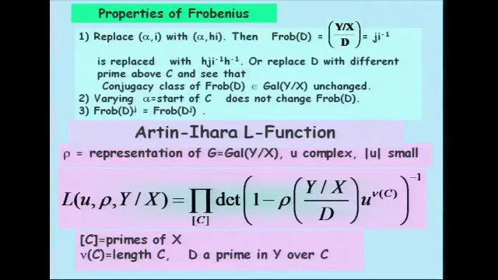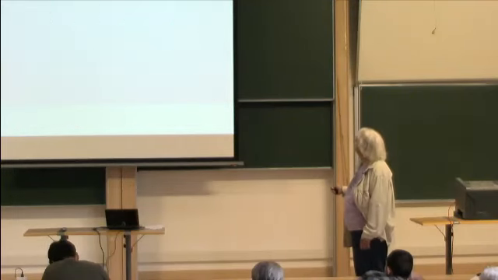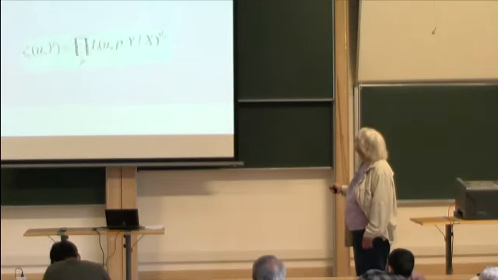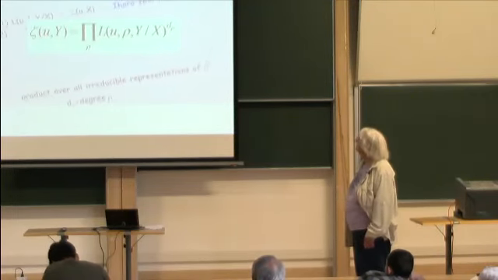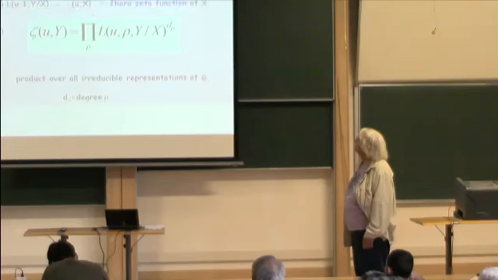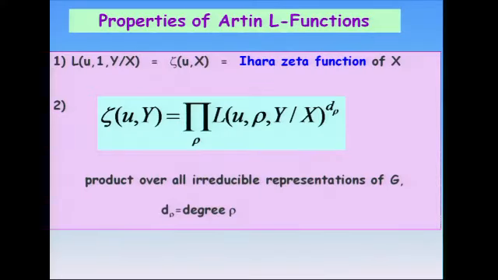So it looks just like the ordinary Ihara zeta function, except it now has a group representation stuck in. In particular, if the representation sends everything to 1, then you get the original Ihara zeta function.